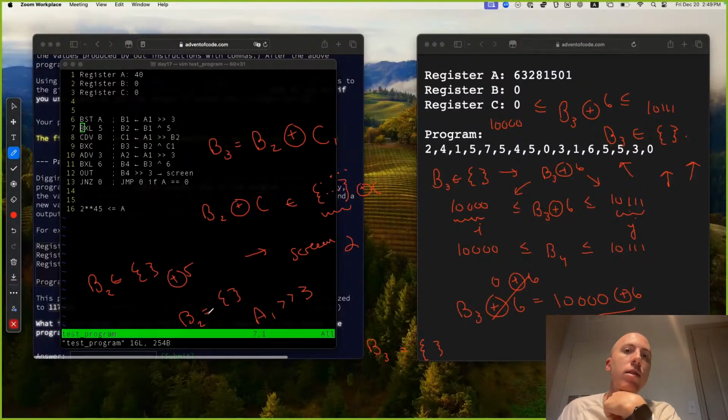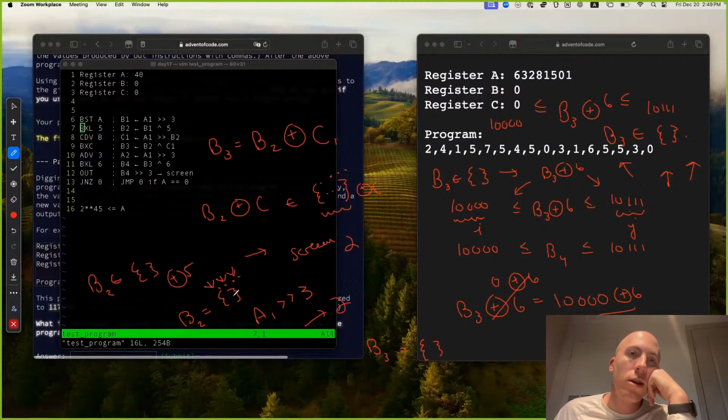So if A1 bit shifted by 3 is any one of these numbers, then we will output a 2 to the screen. Here's where it gets a little expansive, because for each of these numbers we get a little branching of numbers.